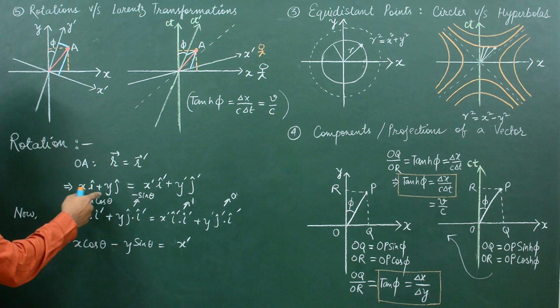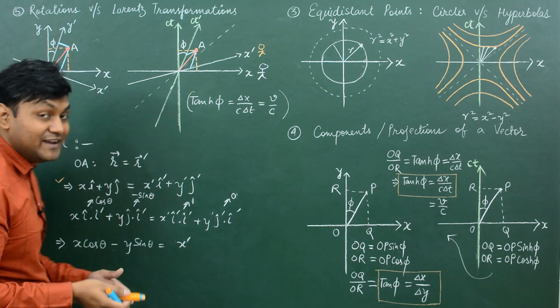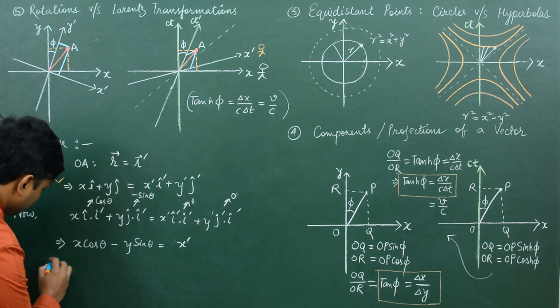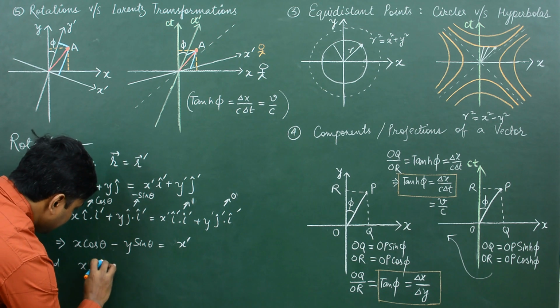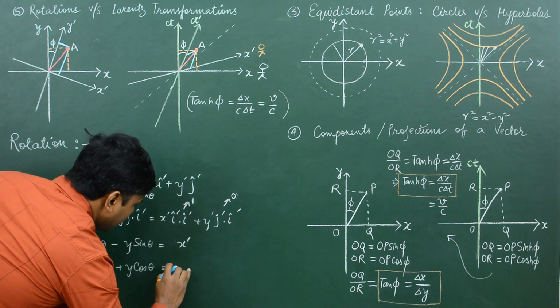Similarly, if I take the dot product with the j cap dash quantity, that will give me x sine theta plus y cos theta. You can try that out and see what you get.